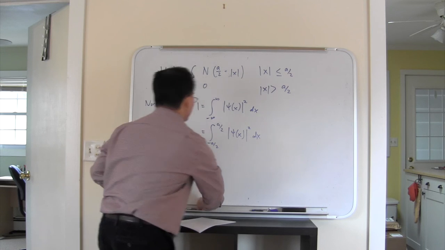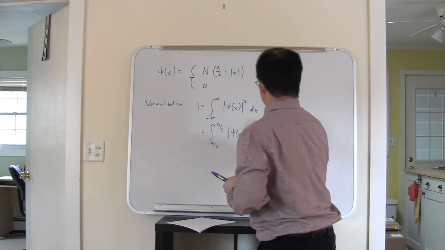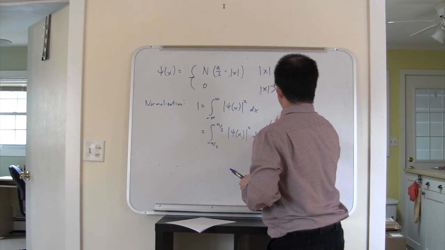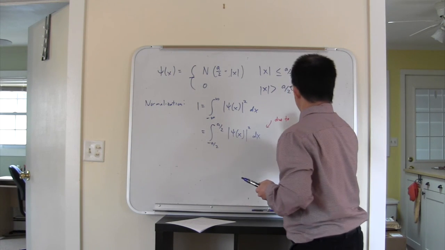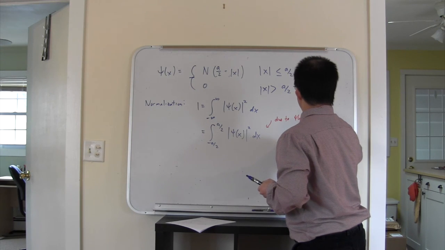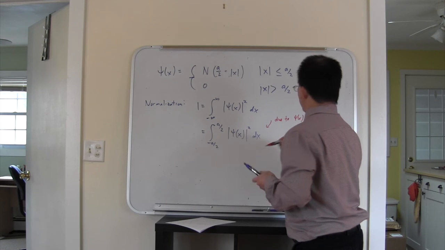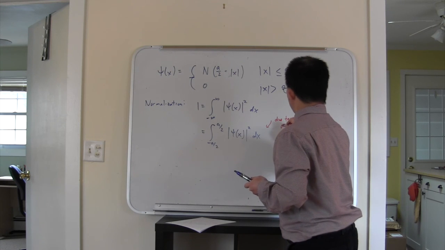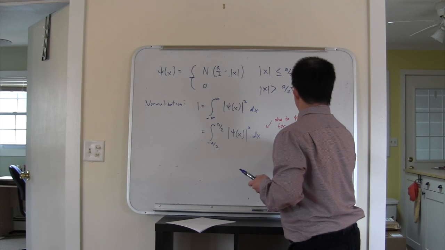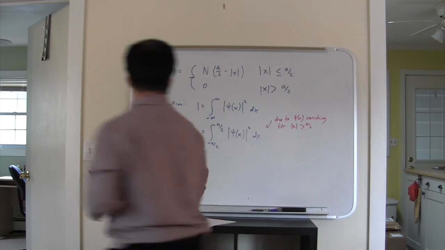So let me annotate this. Let's call this psi vanishing outside, for x greater than a over 2.